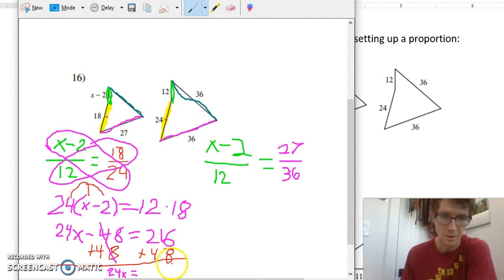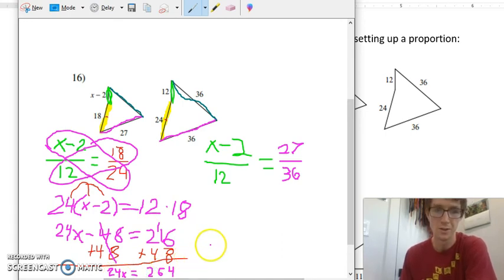So 6 plus 8 is 14, add a 1 up there, so 1 plus 1 is 2, plus 2 is 6, bring down the 2. So we have 24x equals 264. I'm just going to copy that right over here: 24x is equal to 264.